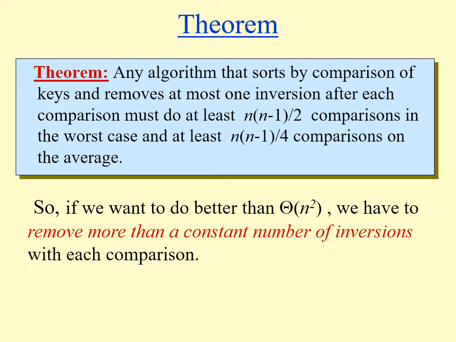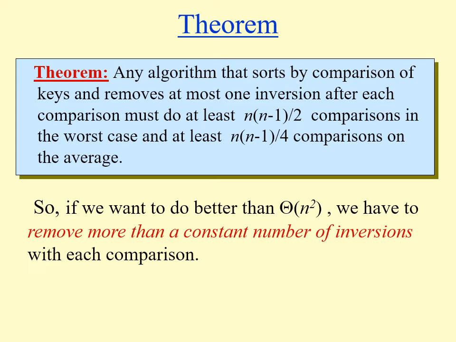And removes at most one, so that means the algorithm will remove at most one inversion after each comparison. At most one inversion. For example, during one round of comparison, you may remove one or just correct one inversion or none, correct? At most one.